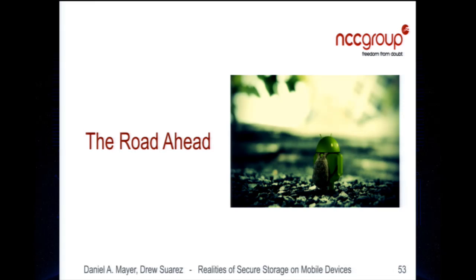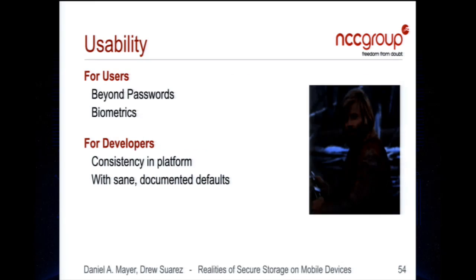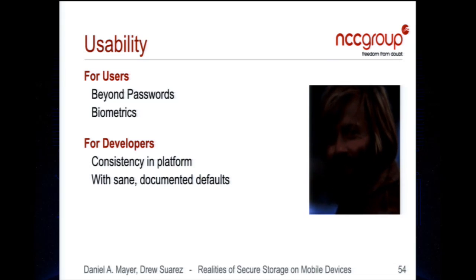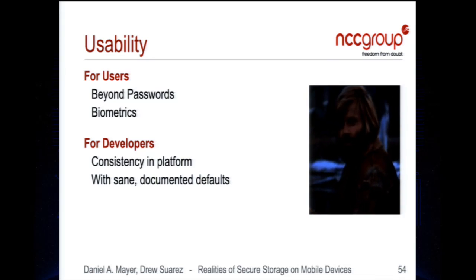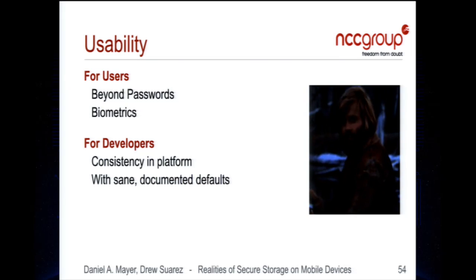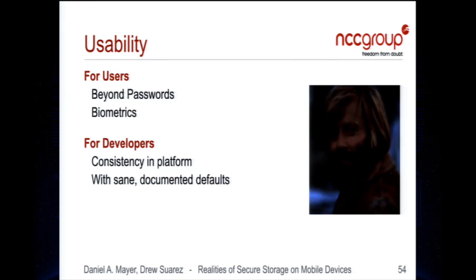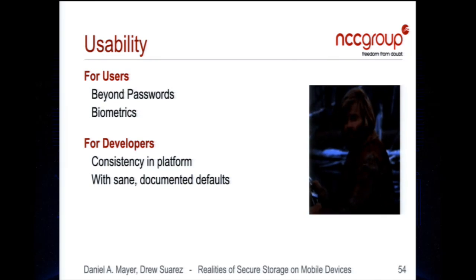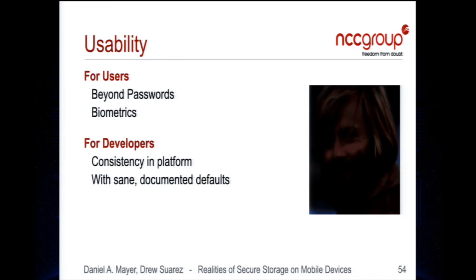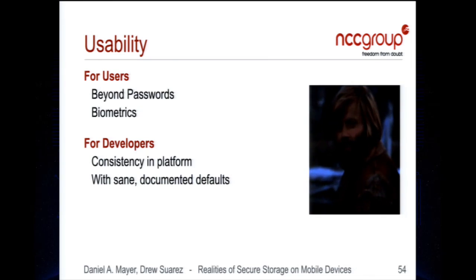So, looking forward, the road ahead: what we think are some of the next things which we definitely should tackle. We've seen that we need something beyond passwords. The whole Touch ID and the new Nexus features are definitely a step in the right direction to make usability easier and at the same time improve security, because we're encouraging people to use security features.